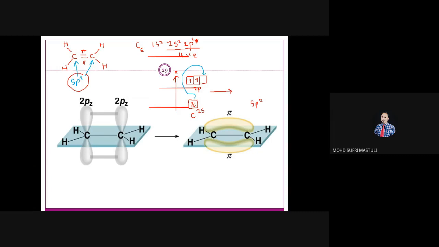Because we don't have any lone pair, we need 3 single electrons. So what hybridization are we looking for? sp2 means 3 boxes.